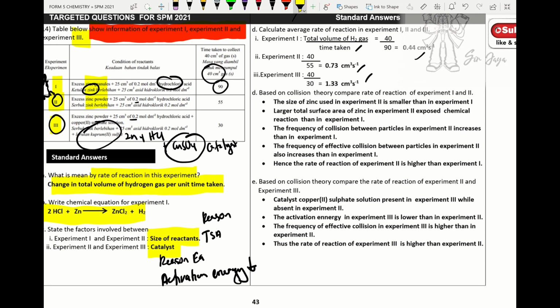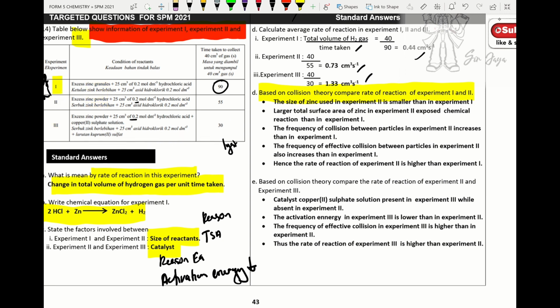Next one, based on the collision theory, compare the rate of reaction of experiment 1 and experiment 2. So look at experiment 1 and experiment 2. Here they use zinc granule and zinc powder. So experiment 2 has a higher rate of reaction. How to answer based on collision theory? The size of zinc used in experiment 2 is smaller than in experiment 1. Larger total surface area of zinc in experiment 2 is exposed to chemical reaction than in experiment 1.